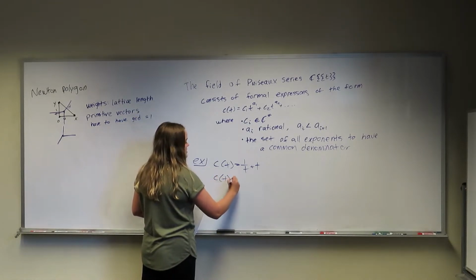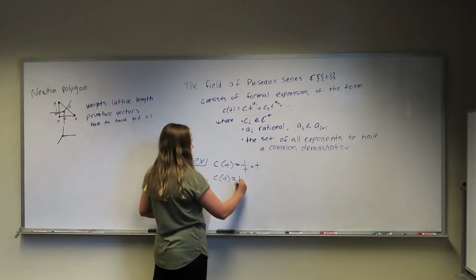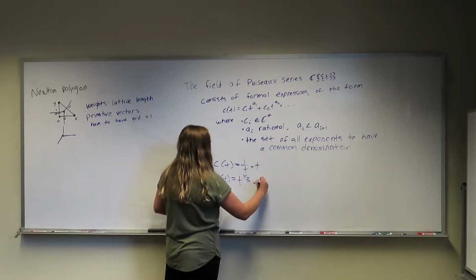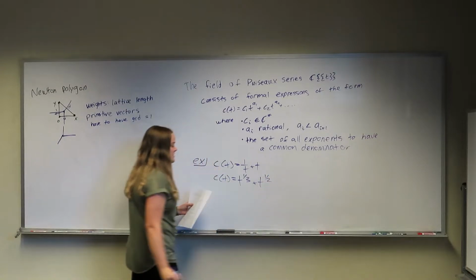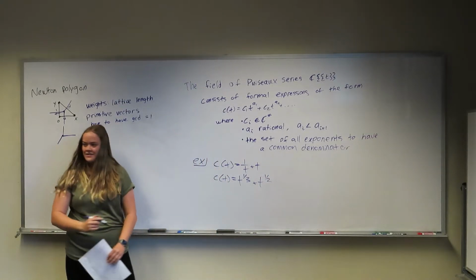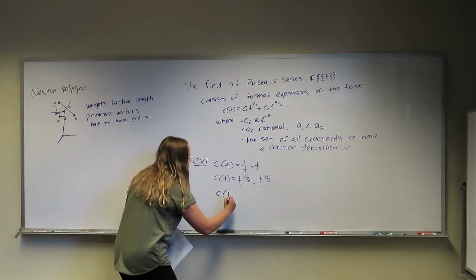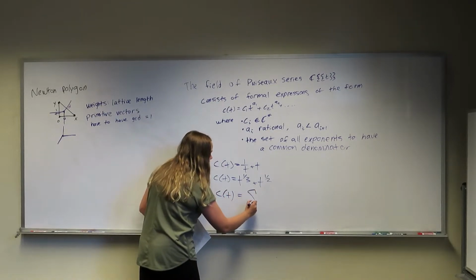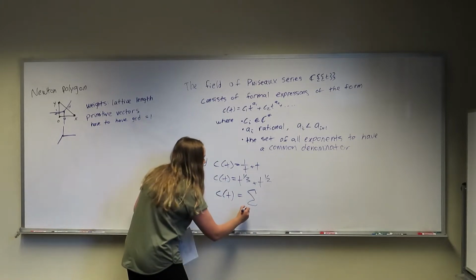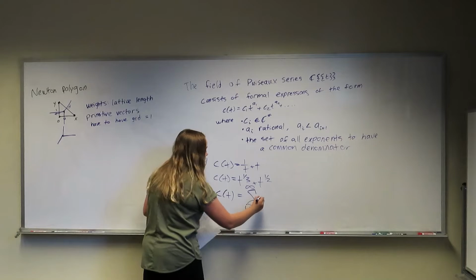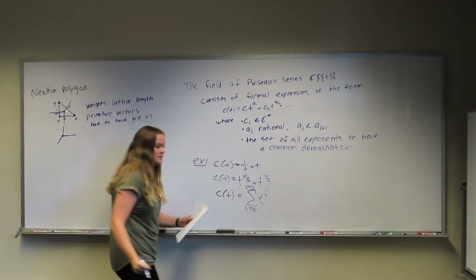We could have c(t) where we have t to the 1/3 plus t to the 1/2. You could have the sum from i equals 0 to infinity of t to the i.